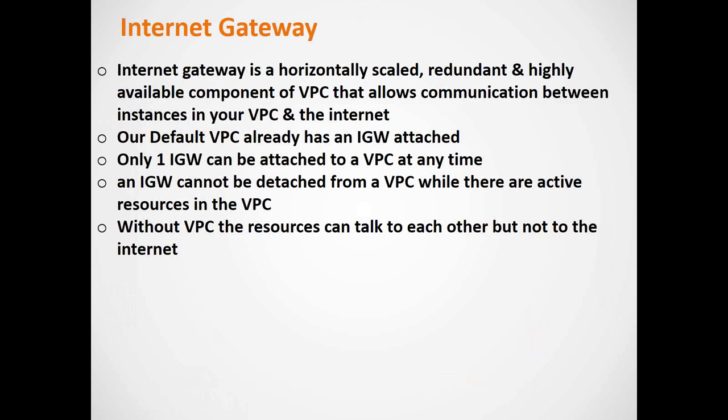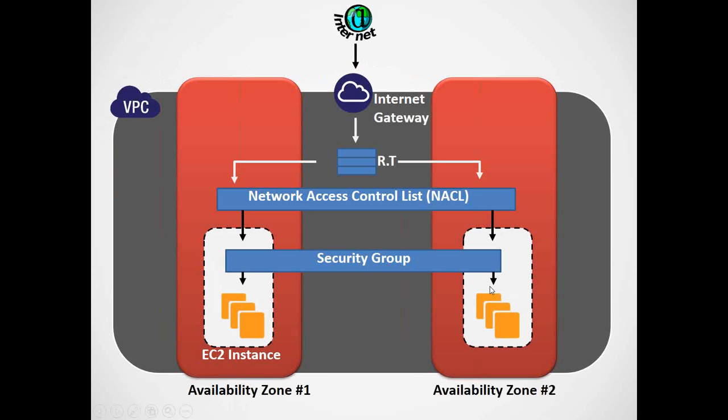The VPC is that component of the network which will help you do that. And it is completely scaled and redundant, which means you can add more and more to it. So that is how, from your machine, if you want to connect to another machine, it will go through. Okay, and then it will come back.